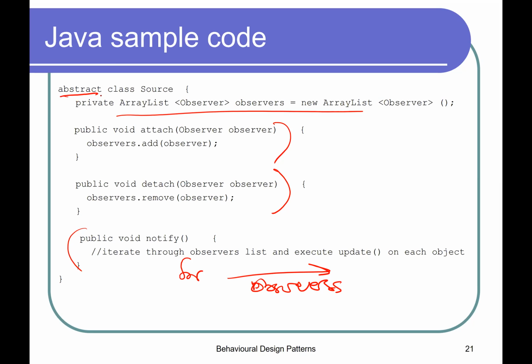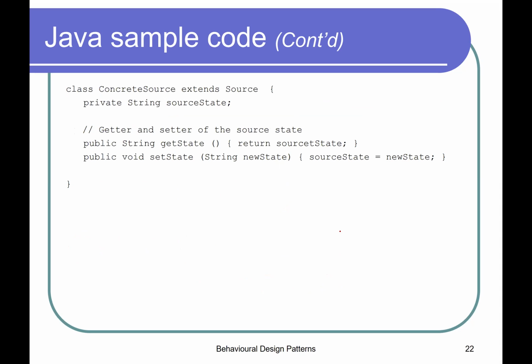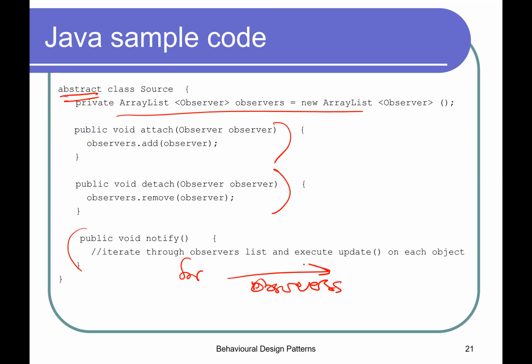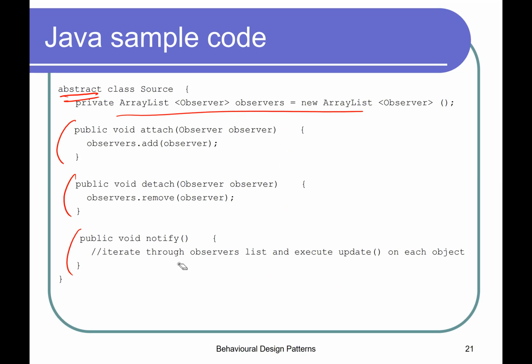One thing you might notice: this one says abstract, because ultimately the source by itself is not of interest. It's only when we have the concrete source. So we've got the concrete source, and it extends source. Going back over here, you'll notice that these ones are not abstract. The reason is they will be inherited as is; they don't need to be modified.